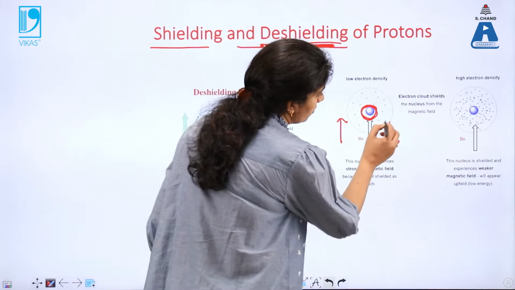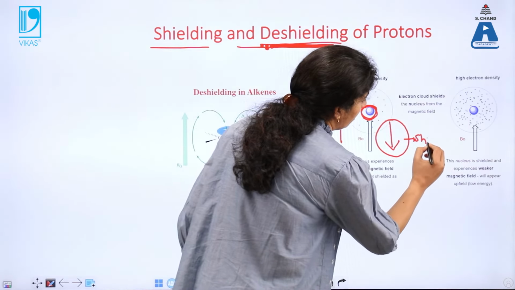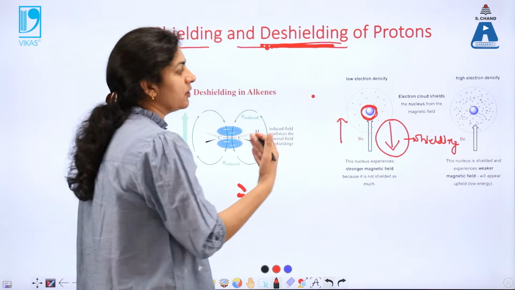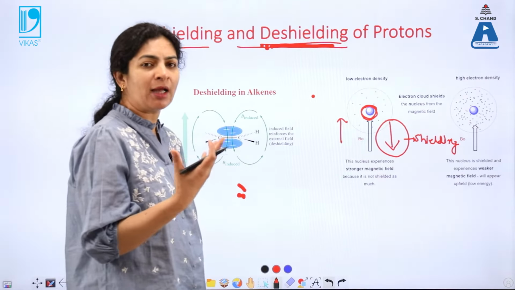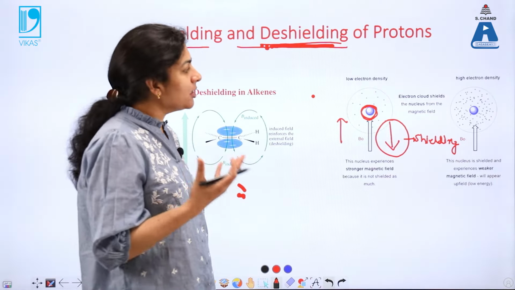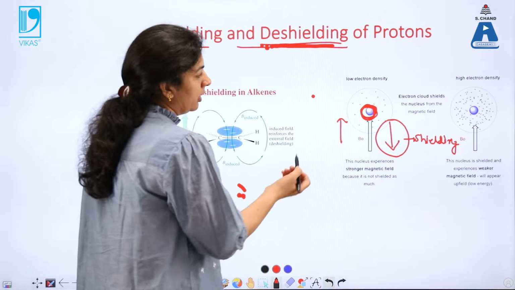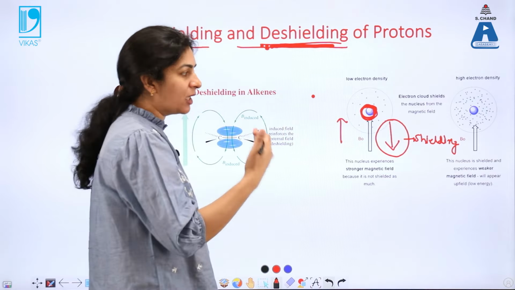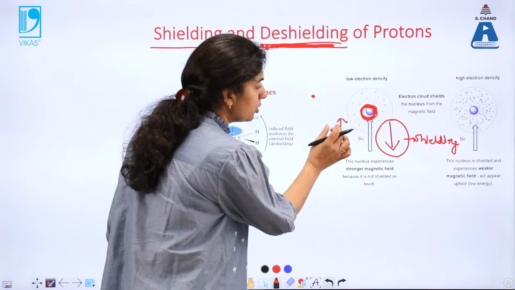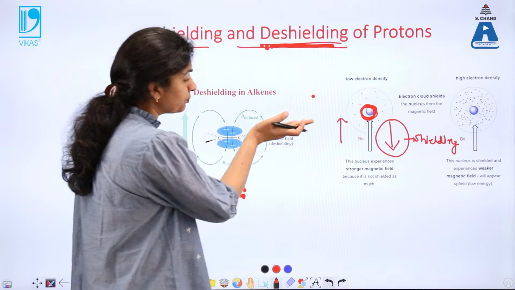In the case where it reduces the effect of the external magnetic field, this phenomenon is known as shielding, and where it reinforces the strength of the external magnetic field, the field experienced by this particular nucleus is going to be greater than the external field, because this field due to the presence of these electrons is in the same direction.